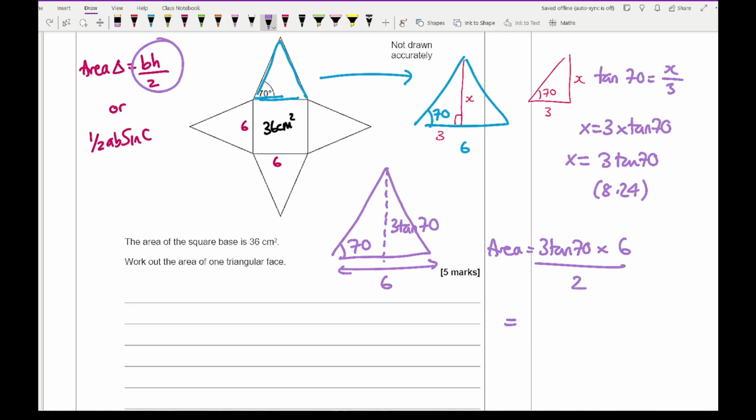And if I type that all into my calculator, 3 tan 70 multiplied by 6 divided by 2, gives me an answer of 24.7, to 1 decimal place, and the units are centimetres squared.